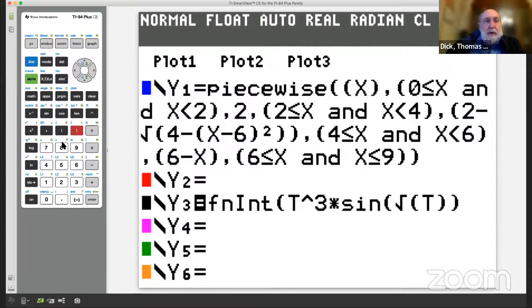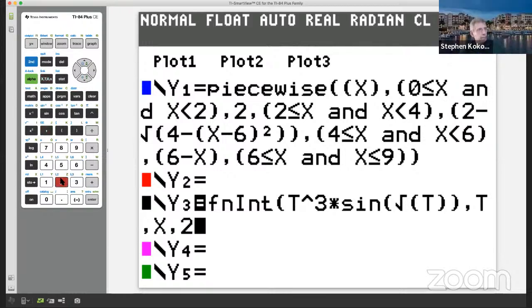And then we're going to put in a comma. We put in the variable of integration, which is t. And now we put in the bounds on our integral. Now this one, I think it started at x, and then went up to 2.